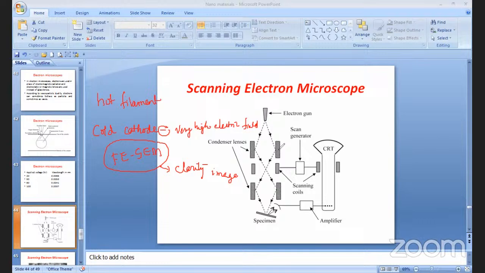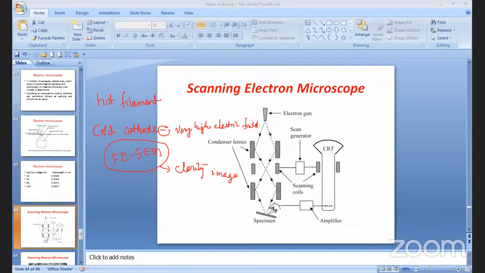Okay, so the fine beam is scanned on the sample surface using a scan generator, and backscattered electrons are collected by an appropriate detector.